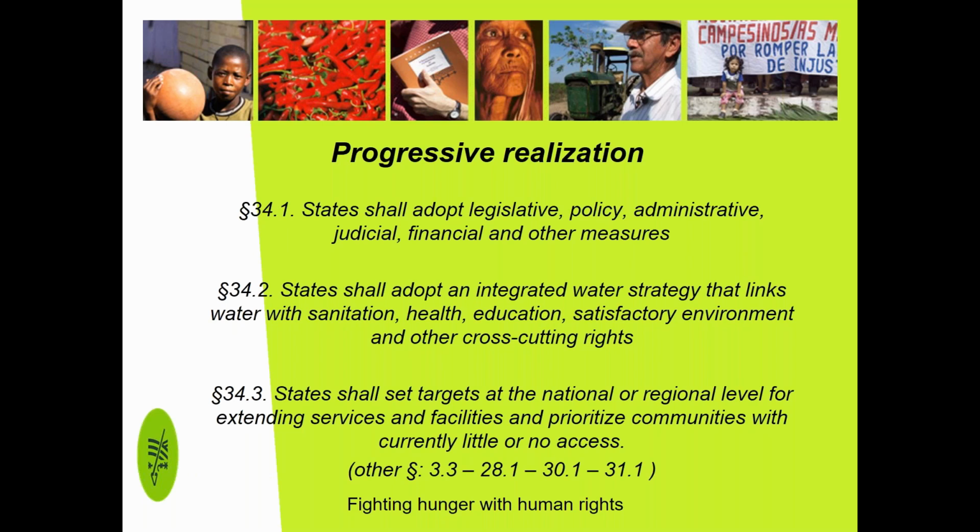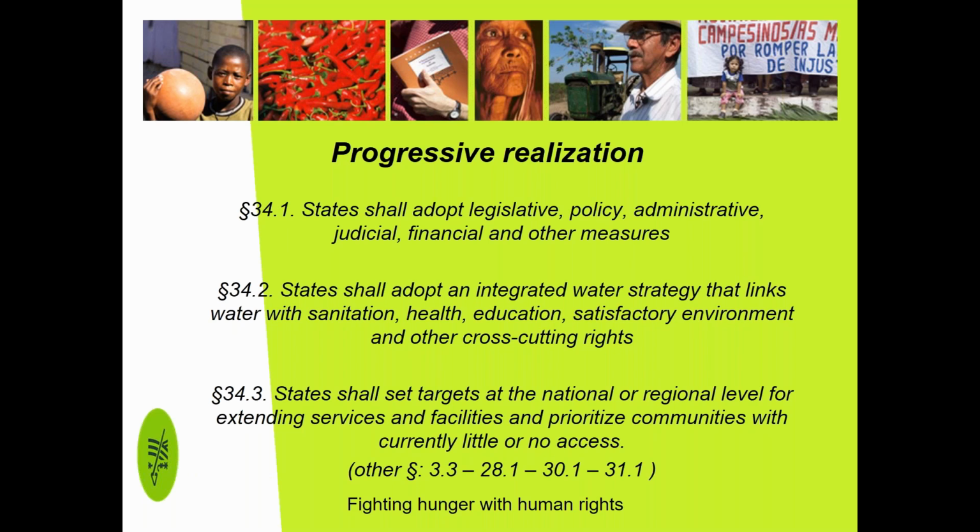And for instance, paragraph 34.3 stipulates that the state shall set targets at the national or regional level for extending services and facilities and prioritize communities with currently little or no access.